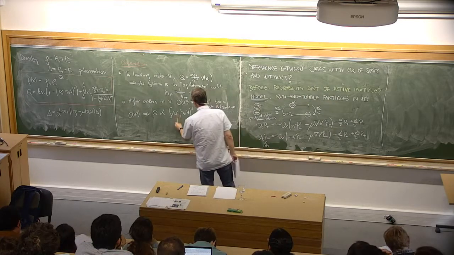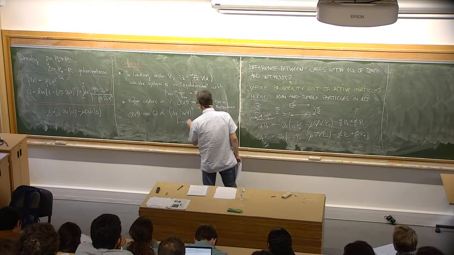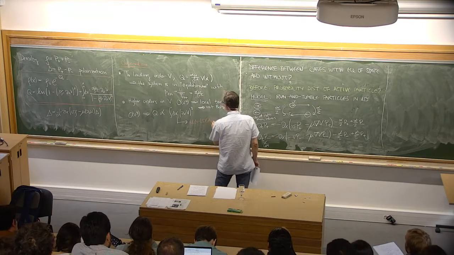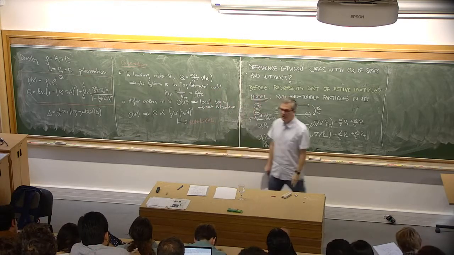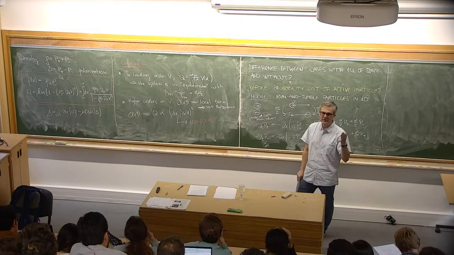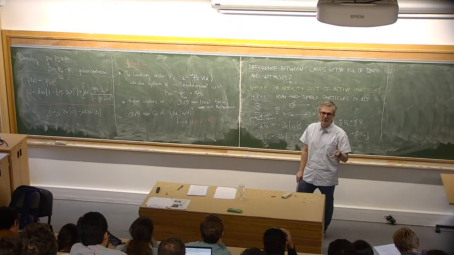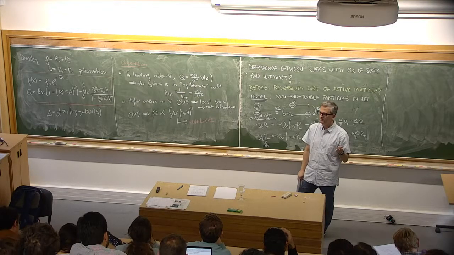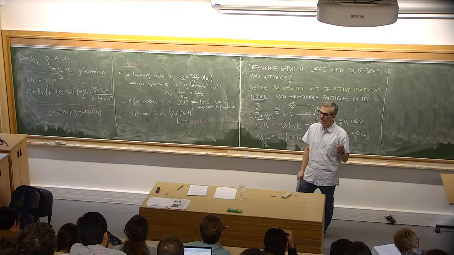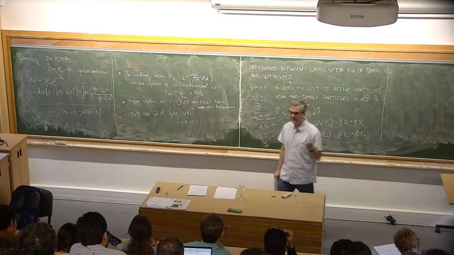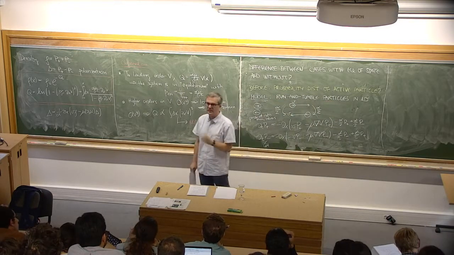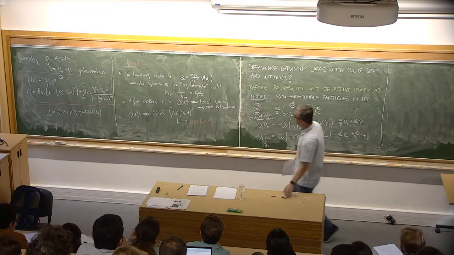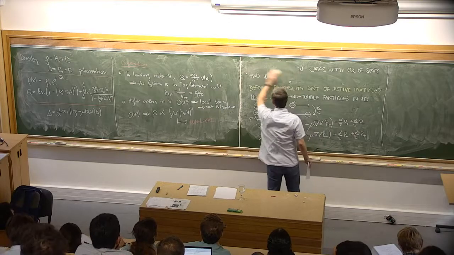So this term is inherently non-local. To know the probability distribution at a given point, I have to know the potential everywhere in the system. Okay? That's pretty strong. And I think that that's a very generic statement for these systems. I'm going to leave it as a homework exercise.